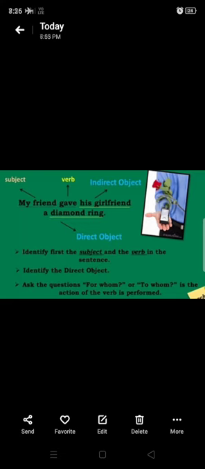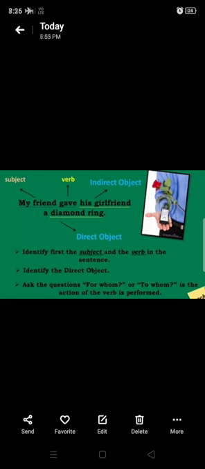Now for the second object, ask the question for whom or to whom is the action of the verb performed. My friend gave his girlfriend a diamond ring. So the action of giving a diamond ring was performed for whom? For his girlfriend, right?